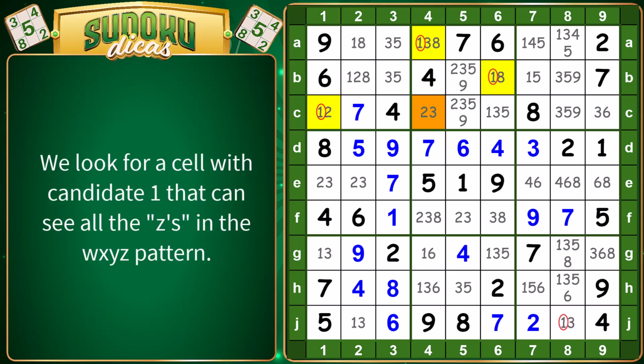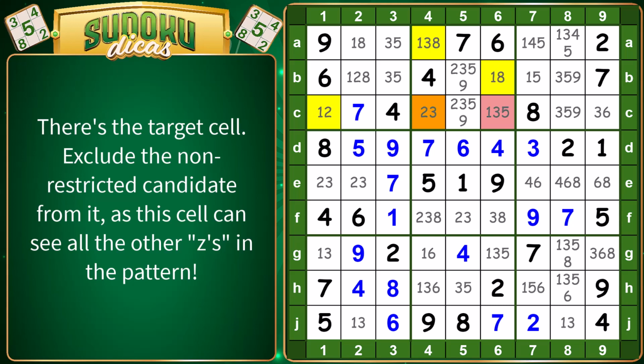We look for a cell with candidate 1 that can see all the Z's in the WXYZ pattern. There's the target cell. Exclude the non-restricted candidate from it, as this cell can see all the other Z's in the pattern.